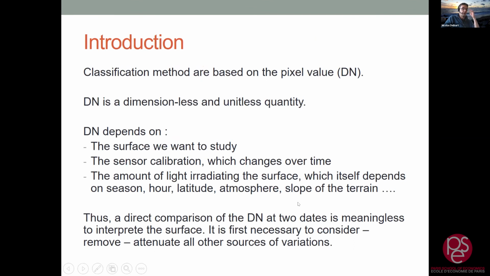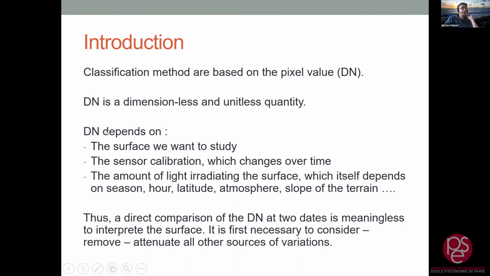All the classifications before are based, as I said, on the digital number, which is a dimensionless and unitless quantity. So it means it's not directly a physical quantity. It is directly linked to a physical quantity, but it is not a physical quantity. It only represents it.